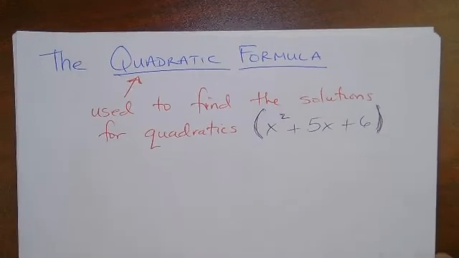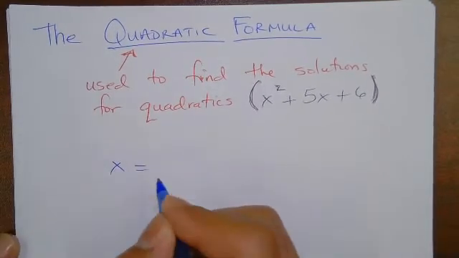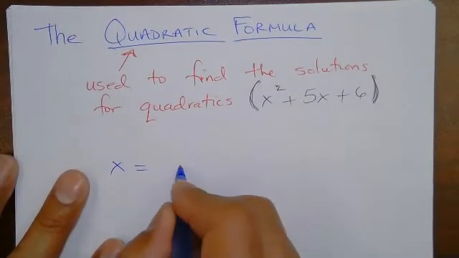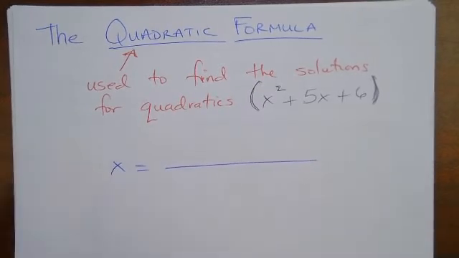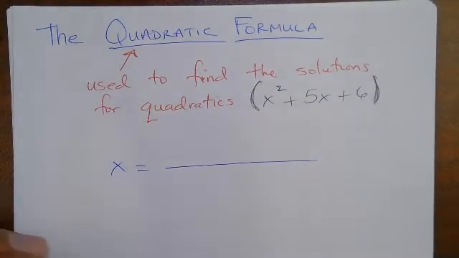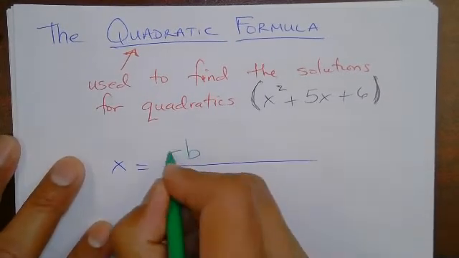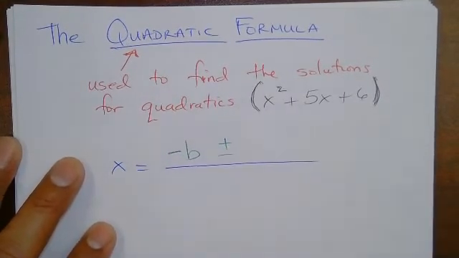Here's the quadratic formula. Ready? The quadratic formula is this. X is equal to, and you put a line like this because there's going to be a numerator and a denominator. It's a very intimidating looking formula. X is equal to negative b plus minus, right?